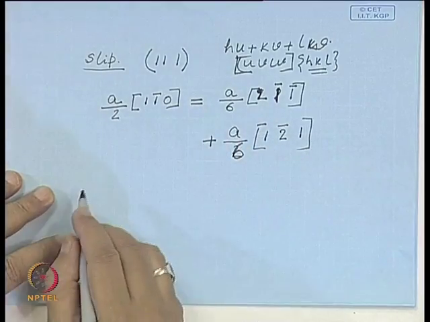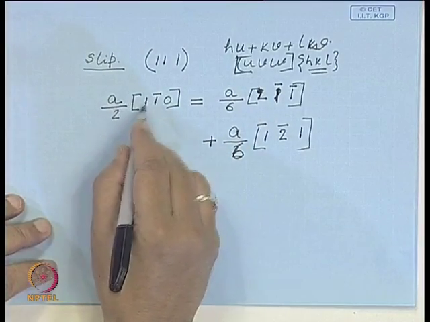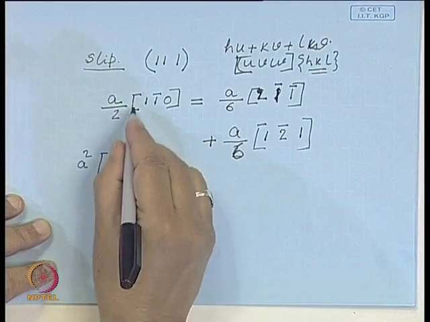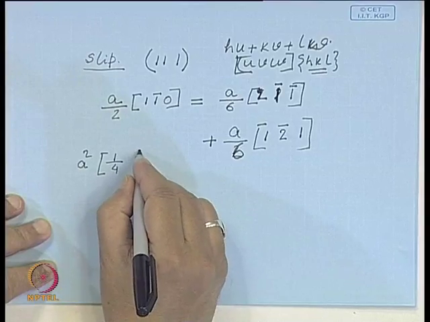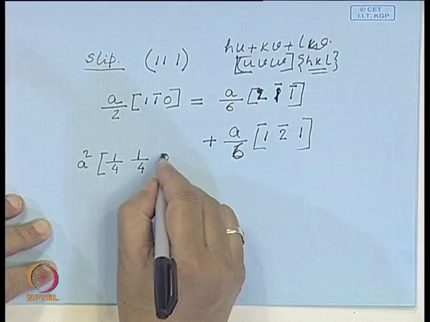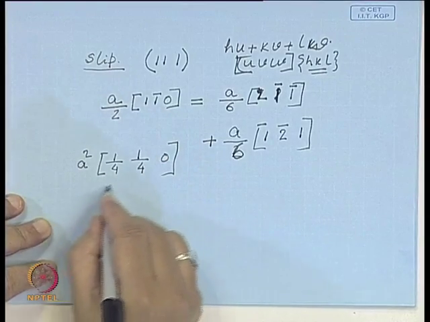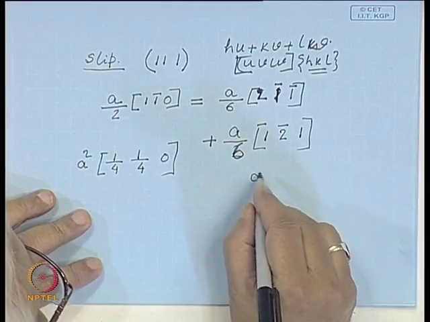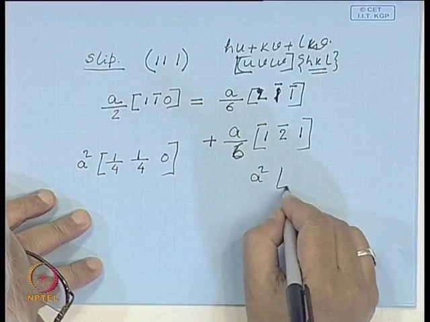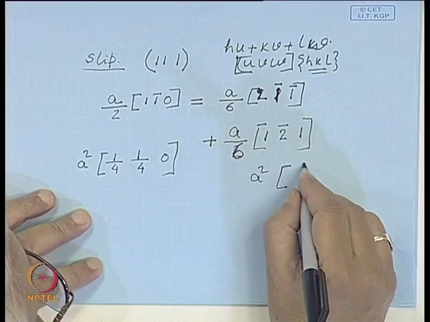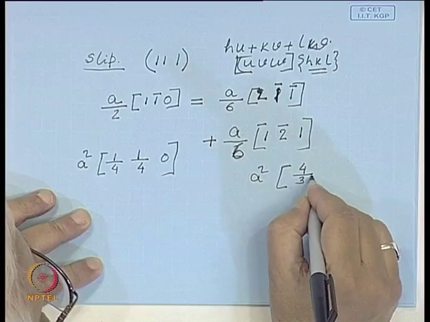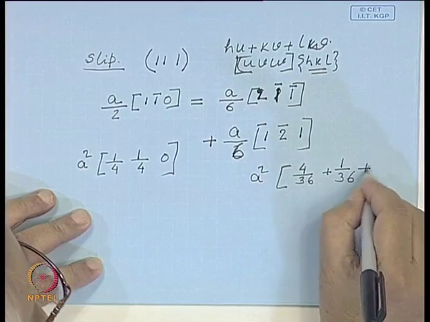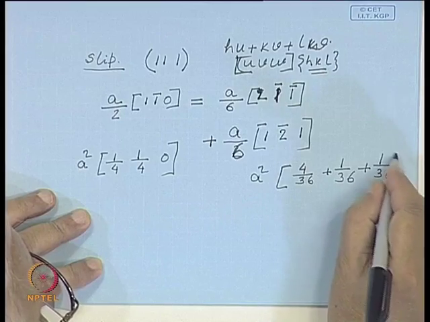Now, is this reaction possible? How do you find out? You again do the same thing. This will be a squared times 1/4, 1/4, 0. So, this is equal to a squared over 2, and in this case it is a squared times 4 by 36, 1 by 36, 1 by 36.